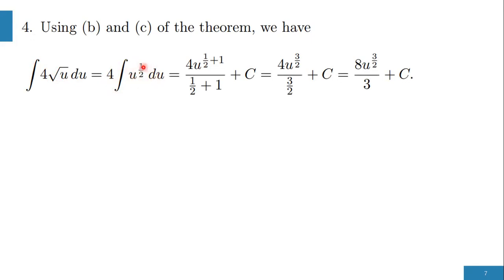Where did I get 1/2? Remember that the square root of u is just equal to u raised to the power of 1/2. Then let us apply the theorem, and that's equal to 4u raised to the power of 1/2 plus 1 all over 1/2 plus 1 plus c.